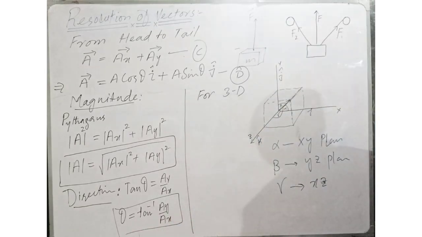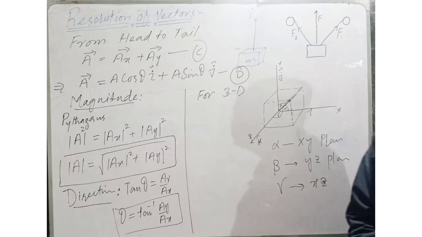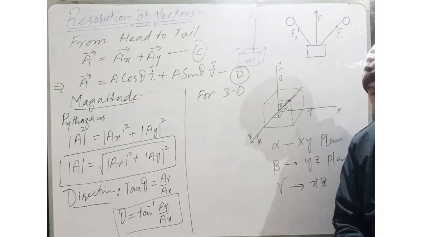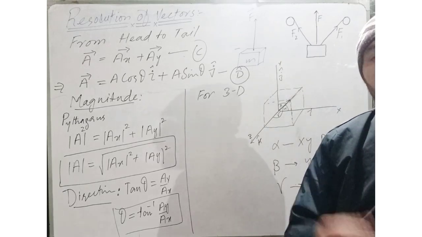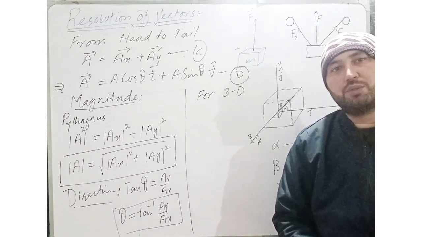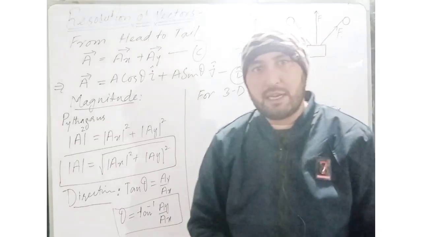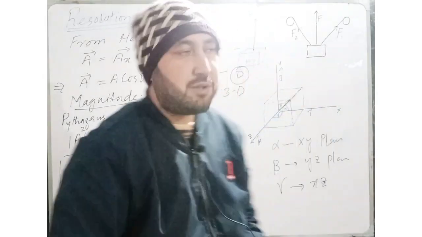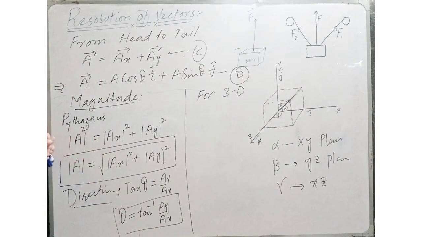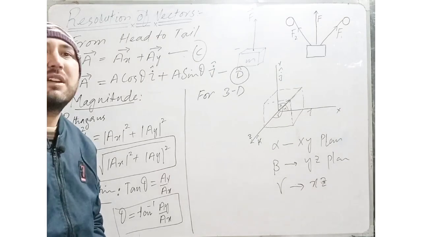Okay, now we are going to discuss addition of vector using rectangular components. If we are having 2 or more vectors, how we are going to add such vectors? By first finding their components, right? So last time actually we used head to tail rule, but that was a kind of geometrical or graphical method.